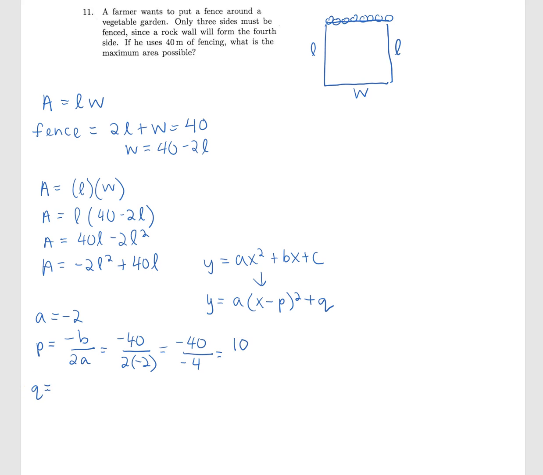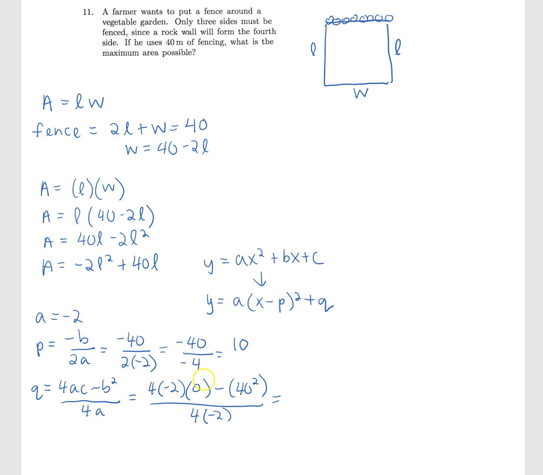Moving on to q, in our notes, we know that q is equal to 4ac minus b squared over 4a. Plugging those values in, a is -2, c we said is 0, there's no term without a variable L here. And b is 40, so we have a 40 squared here over 4 times -2.